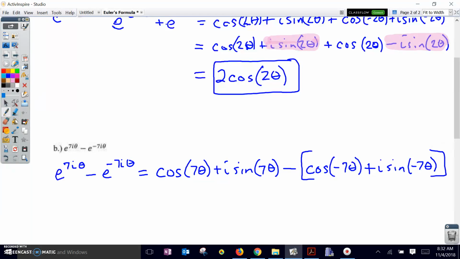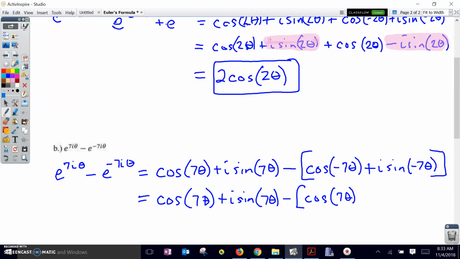Using the same argument that we used in the last one based off of the unit circle, we can replace cosine of negative 7 theta with cosine of 7 theta, and we can replace sine of negative 7 theta with negative sine of 7 theta.